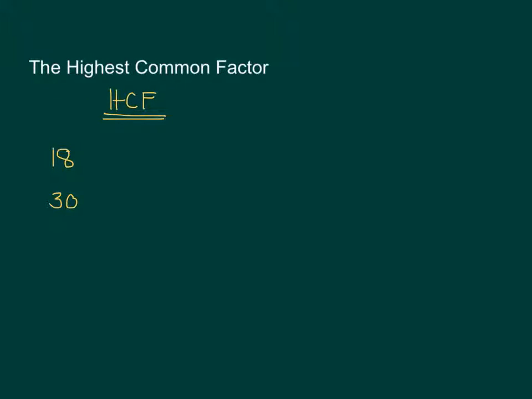If I want to find the highest common factor of 18 and 30, then all I have to do is to identify the factors of each number. Like for 18, 18 is 1 times 18. 18 is also 2 times 9. 18 is also 3 times 6.